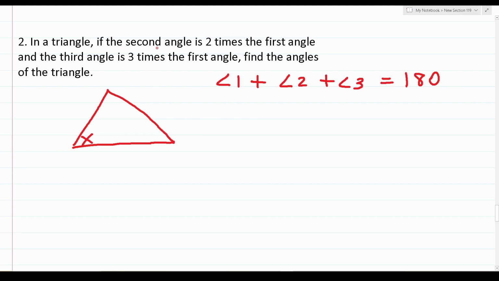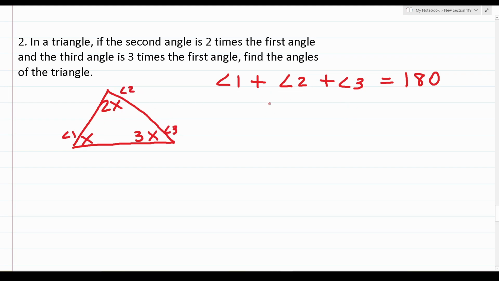If the second angle is 2 times the first angle, well, if the first angle is x, that means the second angle is 2x. Similarly, if the third angle is 3 times the first angle, that means that if the first angle is x, the third angle is going to be 3x. So here's angle 1, here's angle 2, here's angle 3.